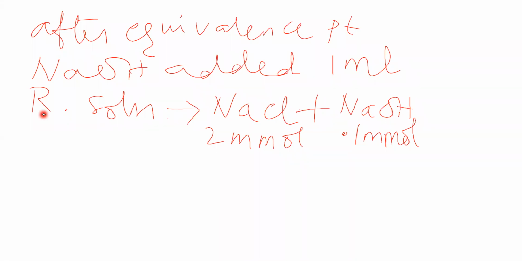Okay, you are saying that lambda m is different. That means where will it be high? Take the equivalence point as the first solution and after the equivalence point as the second solution. Where will lambda m be high?